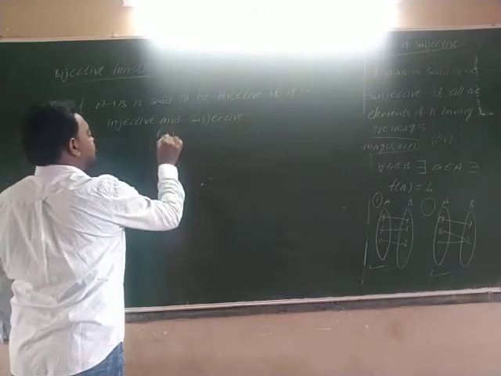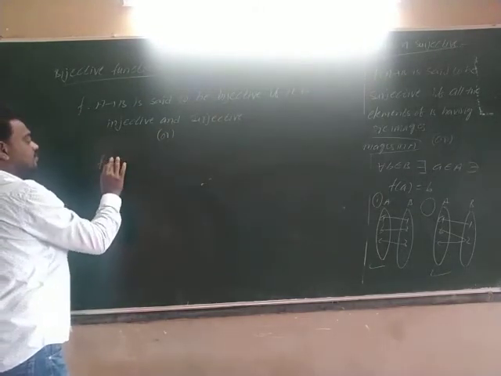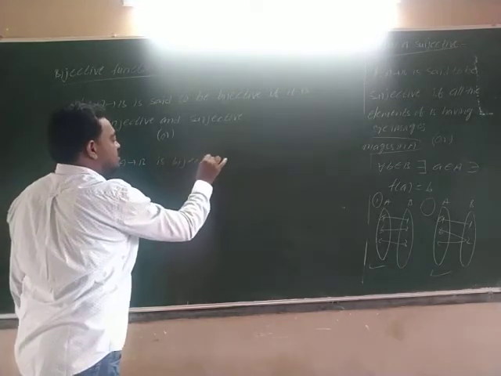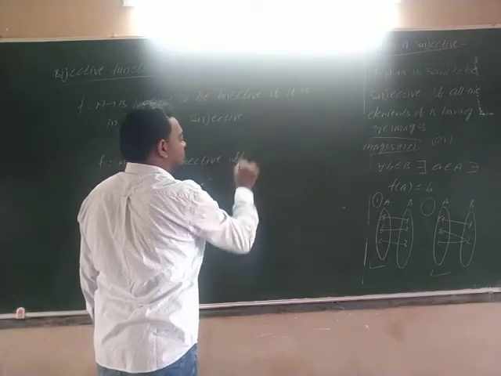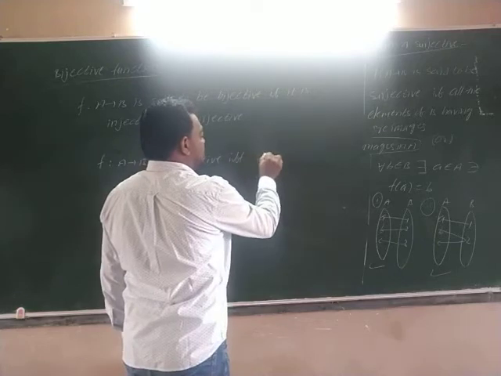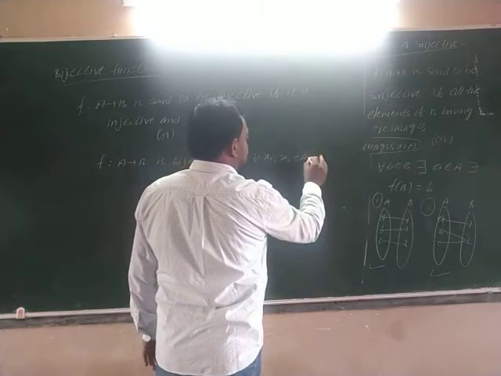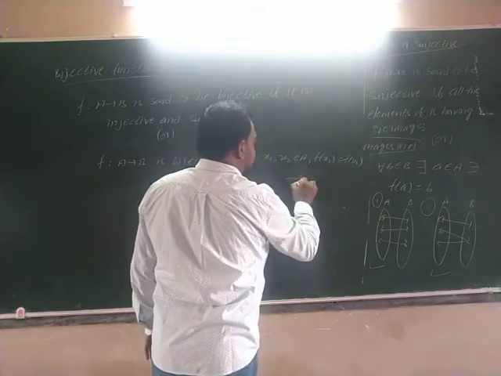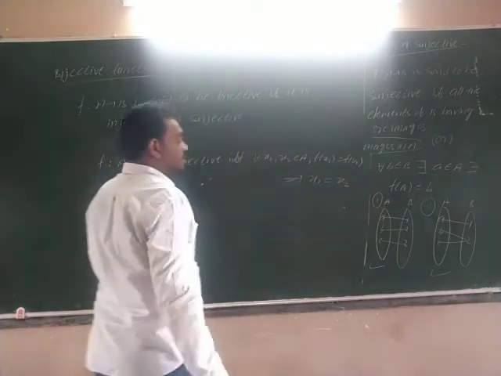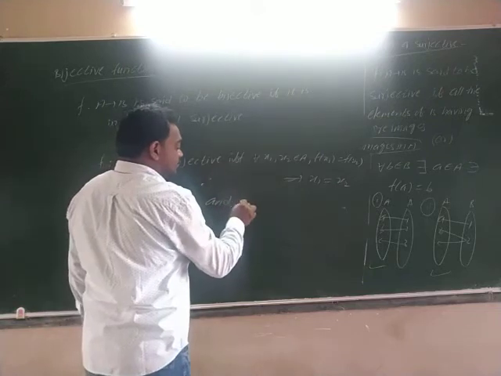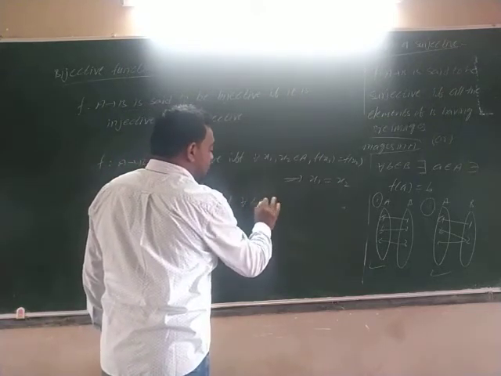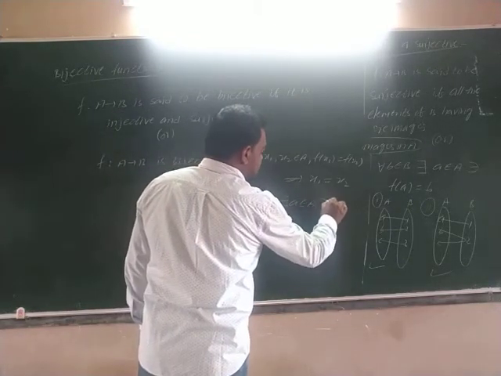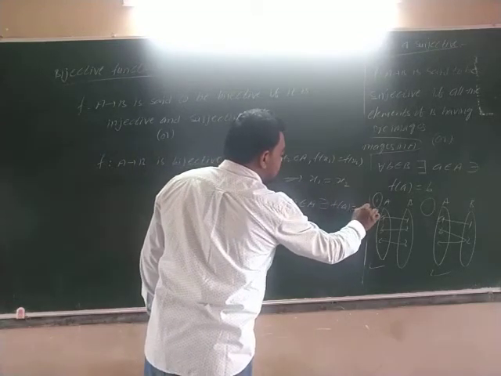Otherwise you see, f mapping from A to B is bijective if and only if for all x1, x2 belongs to A, f(x1) is equal to f(x2) implies that x1 is equal to x2, and for all b belongs to B, there exists a belongs to A such that f(a) is equal to b.